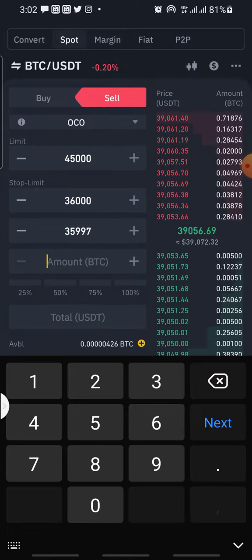So this is how you can set your OCO order and your stop limit order. What you need to understand is that the price in OCO order means your take profit, the stop is your trigger point, then the limit is that specific price that you want the market to sell off your coin for you.